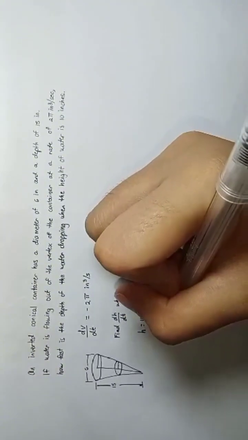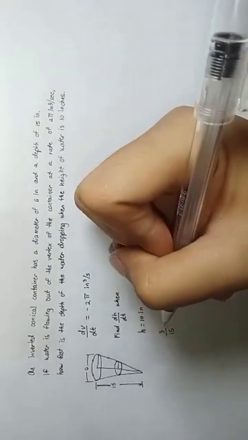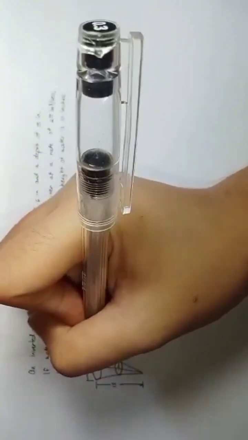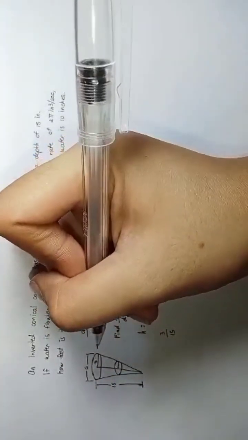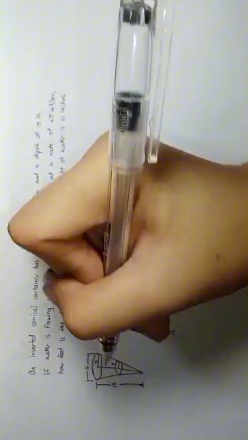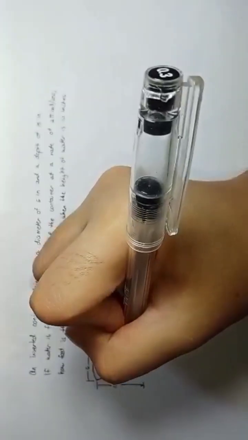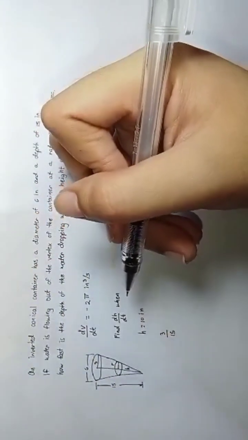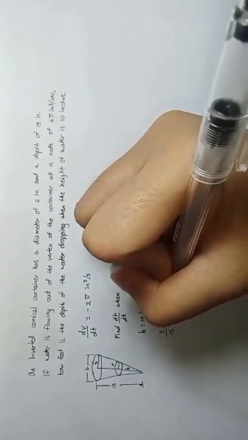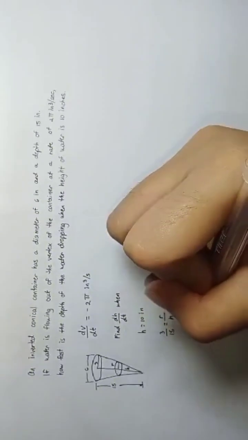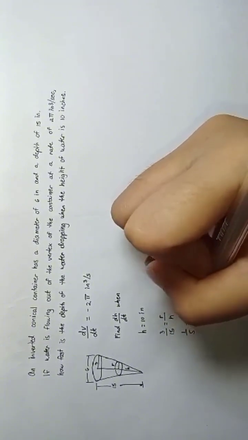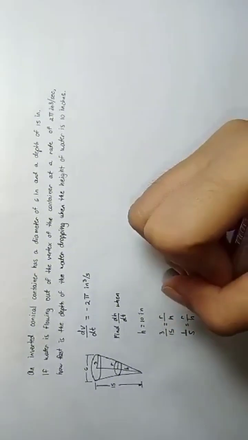So let's say 3 over 15, where 3 is the radius and 15 is the height. So 3 over 15 is equal to r over h, and we simplify that and it becomes 1 over 5 is equal to r over h.